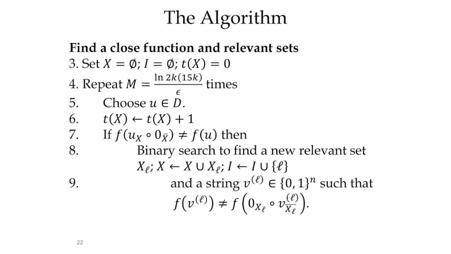Let's say without the loss of generality that the relevant set is x capital X subscript L. Here, with the first indices, the inequality checks if the function on vector v is different from the function on the vector where we change the two relevant indices to 0. We will call this vector the indicative vector, as this vector indicates that our set is a relevant set. And if there really is an inequality, then that means we have a relevant variable in this section over here.